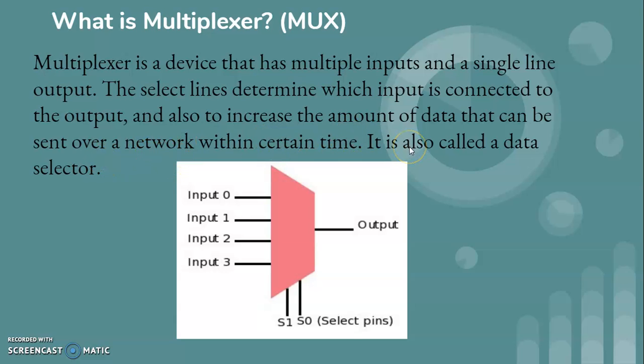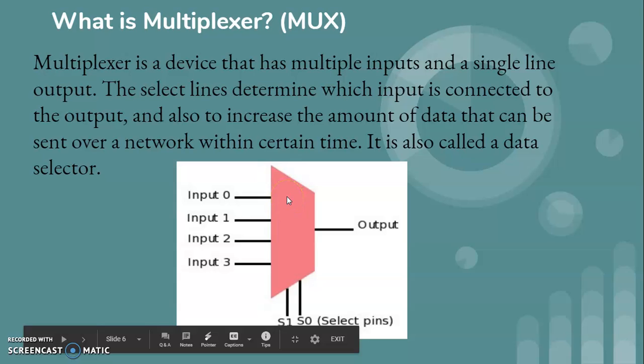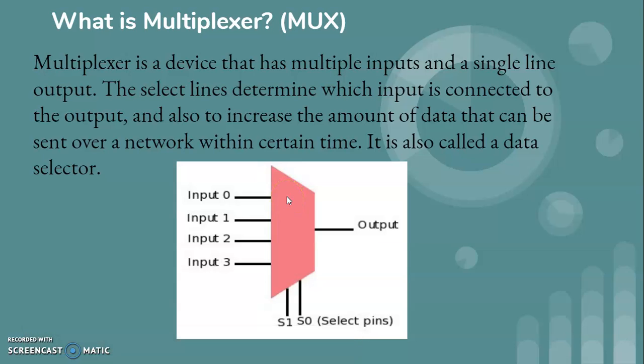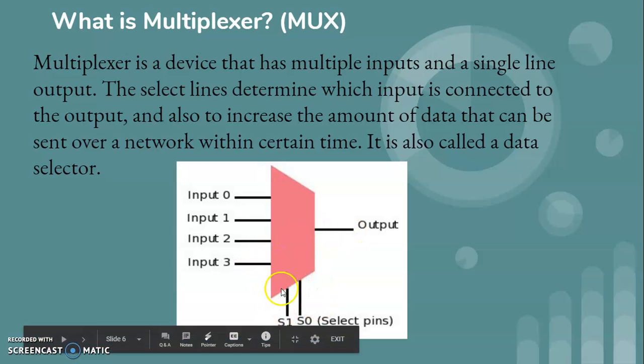It is also called a data selector. This is the general block diagram of multiplexer, where there are many inputs and one output, and these are the select lines which are used to select any one of these inputs.